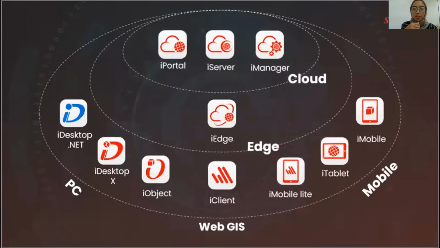And then we have also the GIS server or iServer, which will be very useful for you to publish your spatial data. And then iManager, should you have so many servers and you want to do the automatic deployment, you can use the iManager. And we have also the iEdge. iEdge is to raise the performance of your machine.